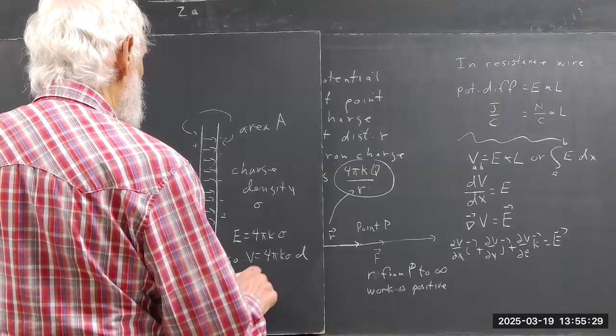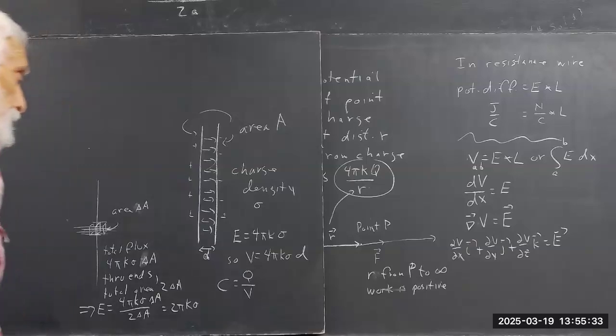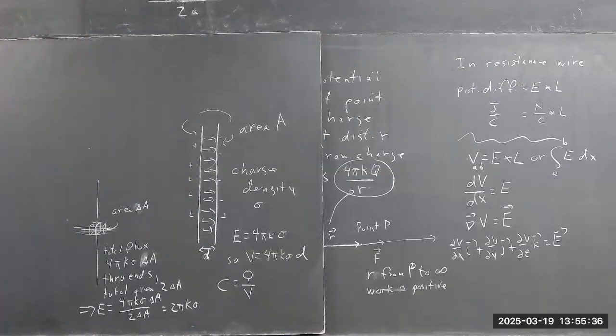Capacitance is the amount of charge you get per volt.